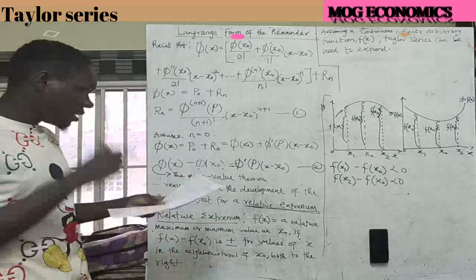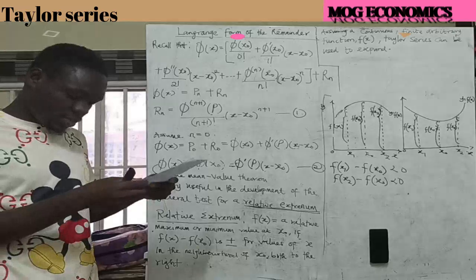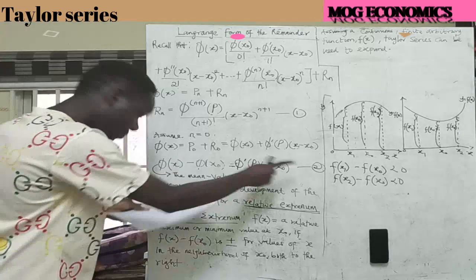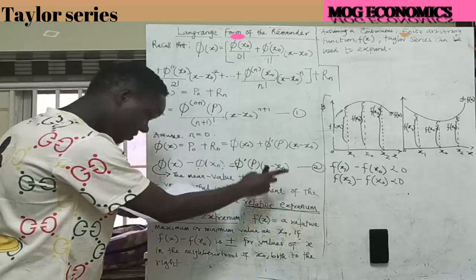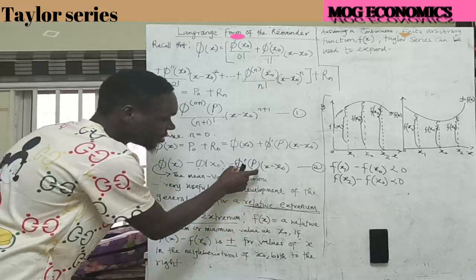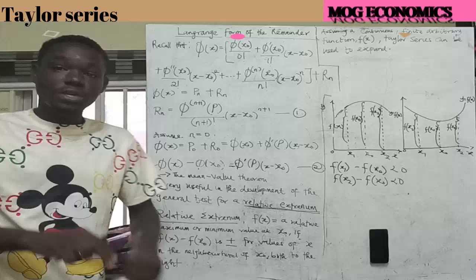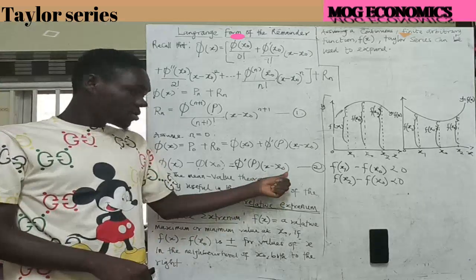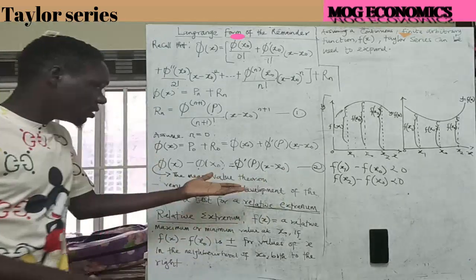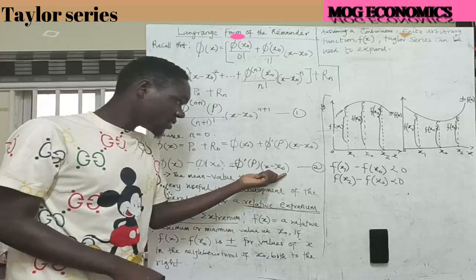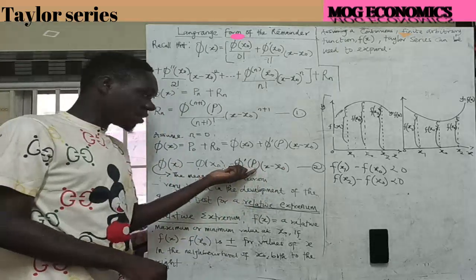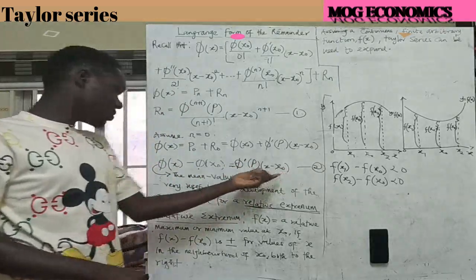Or let me say it exactly the way it is written here. It is the product of the difference and the derivative value evaluated at this point. This is the chosen value here, that is the value in between these two. So it is the product of the difference and the evaluated value in between this.